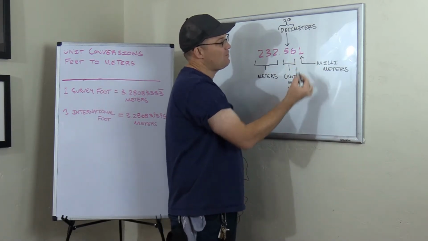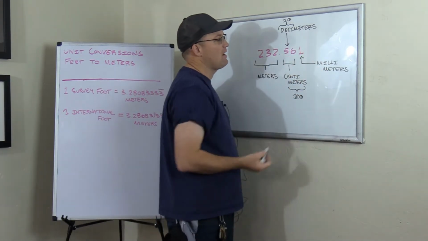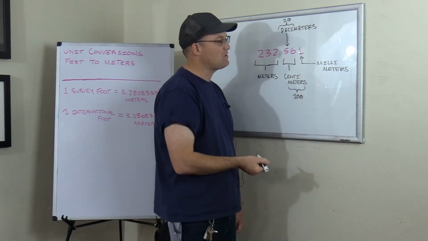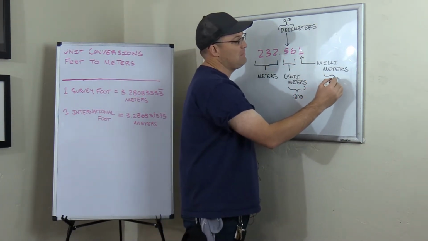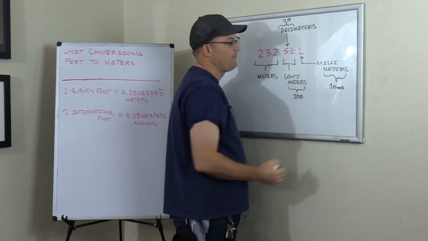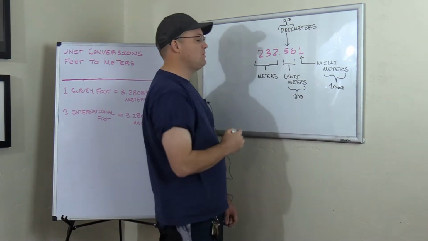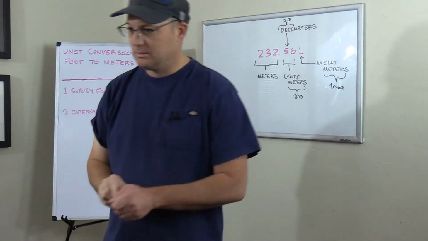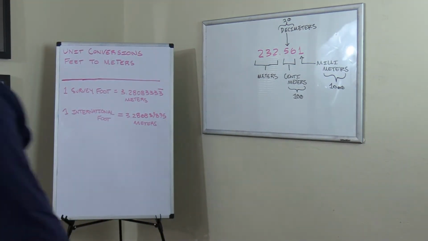And then finally out here we have millimeters. So this is 1 millimeter, or this would be 561 millimeters. Millimeters divide a meter into 1,000 parts. And then you can go the other direction too. Once you get to 1,000 meters, you get to what we call kilometers.